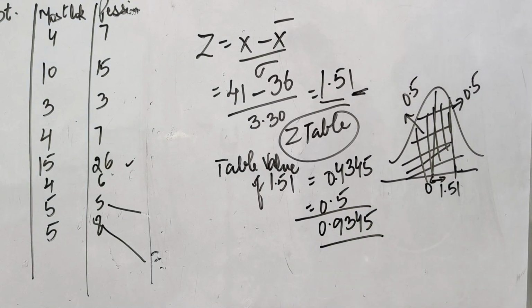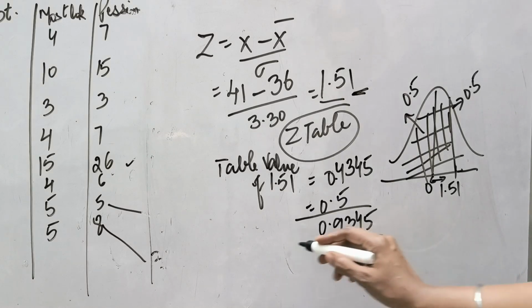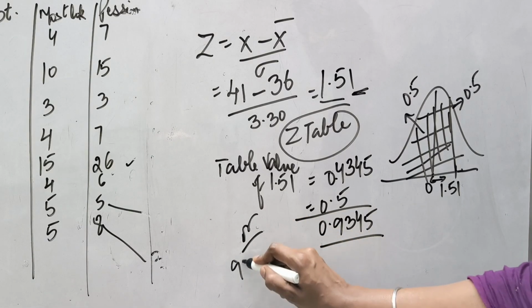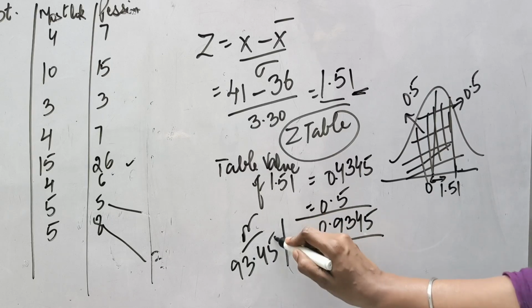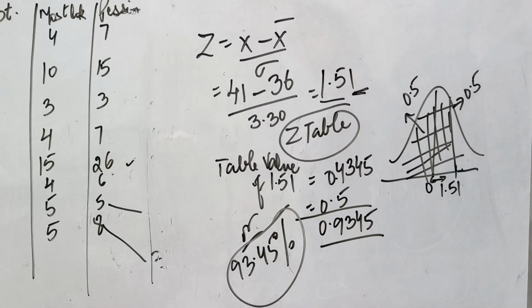So you will be saying that the probability that the project will be completed in 41 weeks is 93.45%. There is a 93.45% chance that the project will be completed in 41 weeks. This is how the probability concepts are incorporated in the concept of PERT.